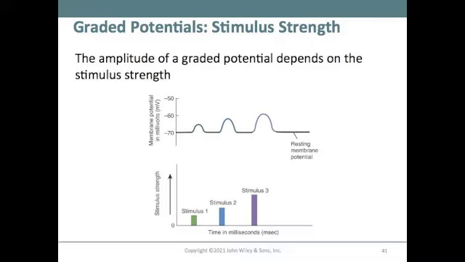But we see the amplitude of the graded potential depends on the stimulus strength. So if that person on the orange line bumps into me and I get stimulated to move my feet so quick, that he bumped into me with some force changes my resting membrane potential, causes a reaction. But maybe he just kind of brushed into me, and that does just, hey, excuse me, you know.